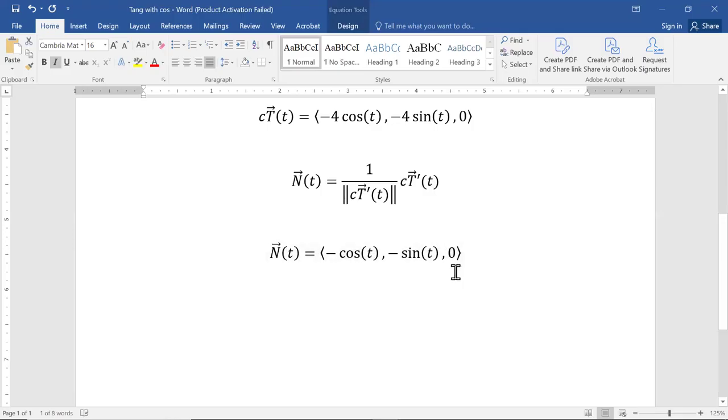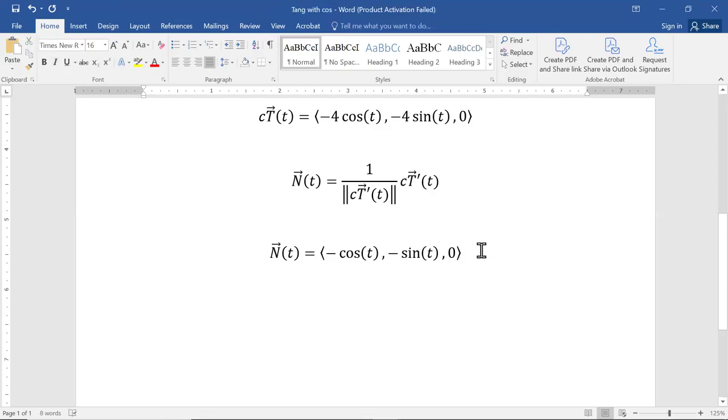It would just have been a little bit messier, and you'd have had the square root of 16.25 canceling out at some point in time. So that's the unit normal vector in this case. Let's go ahead and graph that.